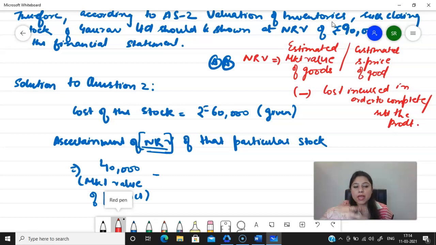in order to make and modify such products so that it can be used as a byproduct of an existing asset or existing product in the business, 10,000 has been incurred.